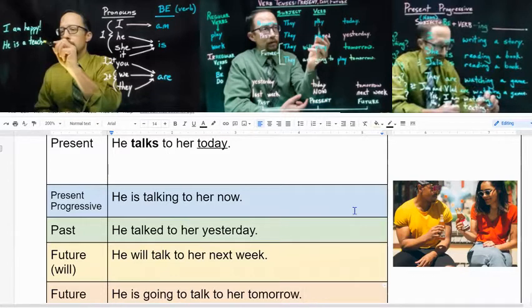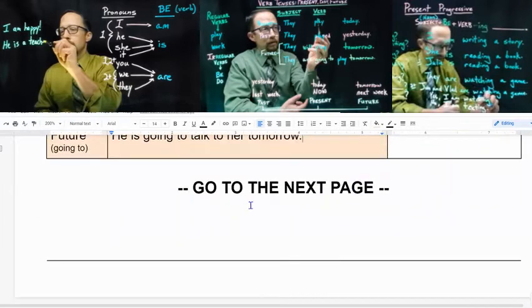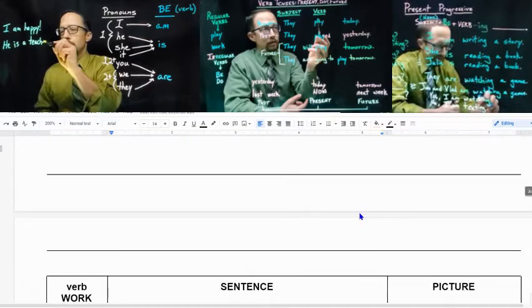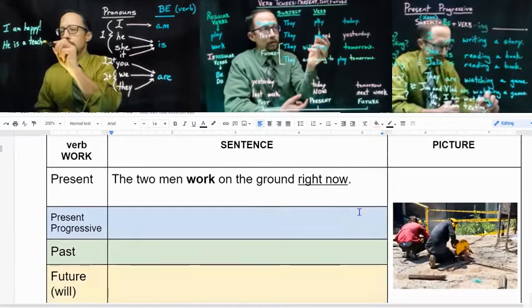All right, let's go to the next one. Like it says, go to the next page. Let's go down again. Now, we have a verb work, okay? And you can see the present tense, the two men work on the ground right now. There they are.